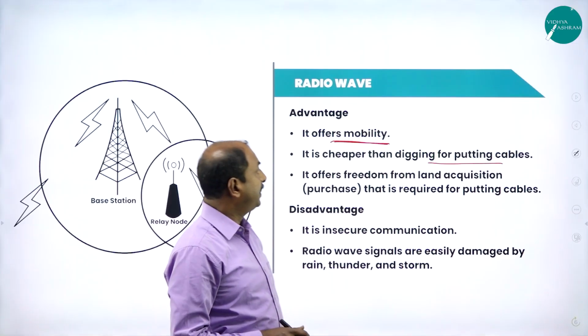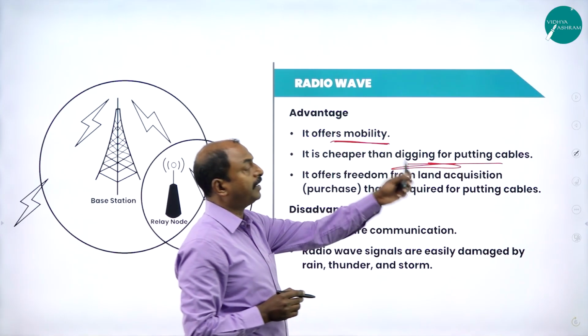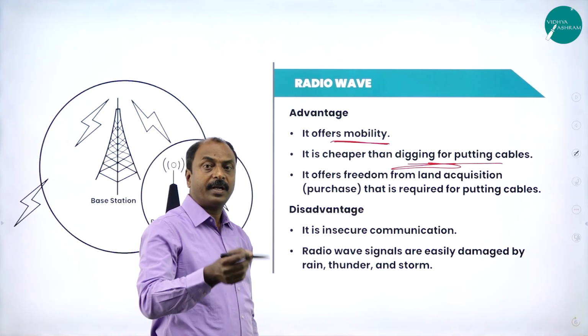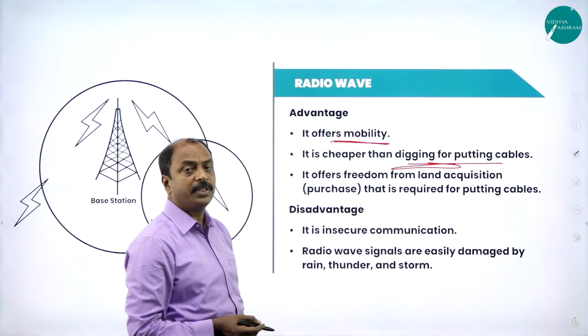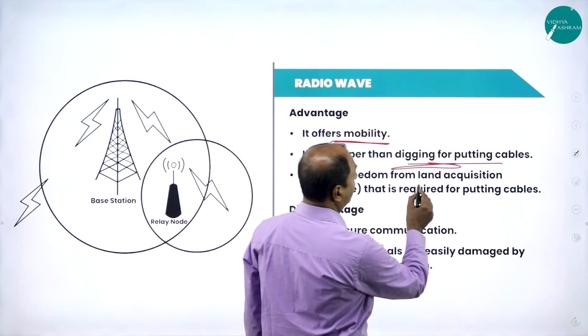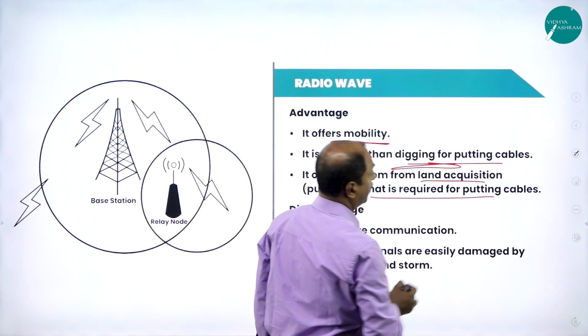For that, it requires digging the ground and putting in cables. Those things are missing in radio wave or wireless communication because we are using different wireless technologies. And it offers freedom from the land acquisition that is required for putting in cable.